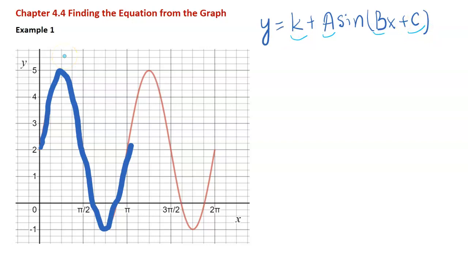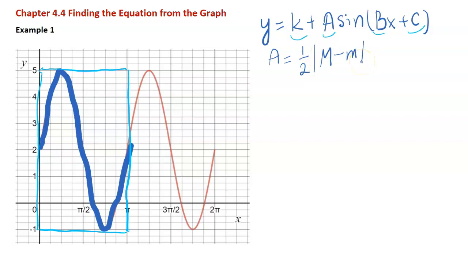To help us with this process, I'm going to draw a frame to separate one complete cycle of the graph, the interval where the graph is not repeating. The amplitude of the sine graph can be found by the formula 1/2 of the absolute value between the maximum point and the minimum point of the graph.